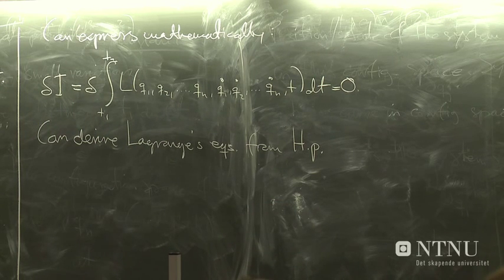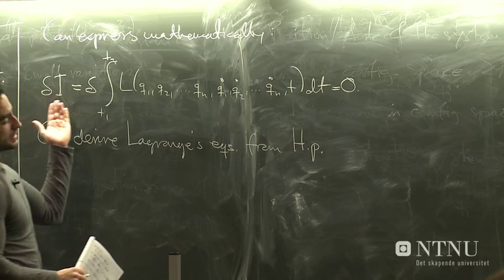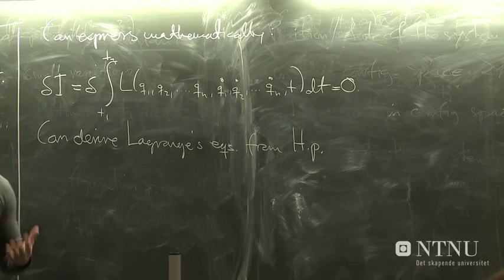And it turns out that we can actually derive Lagrange's equations from Hamilton's principle. So this is what we'll do now. We'll use this way of mathematically expressing Hamilton's principle to derive Lagrange's equations.